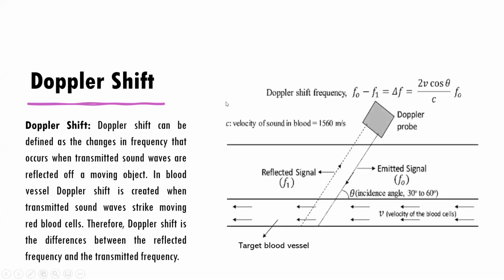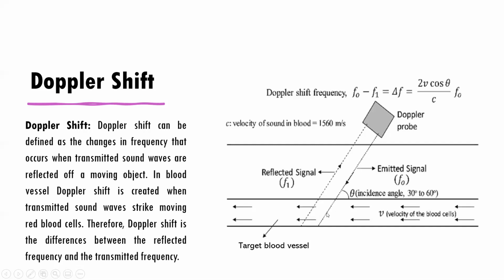Another term you will hear is Doppler shift. Just think, this is a blood vessel, and blood is flowing through the vessel, so when the sound beam is sent, the target is not static.